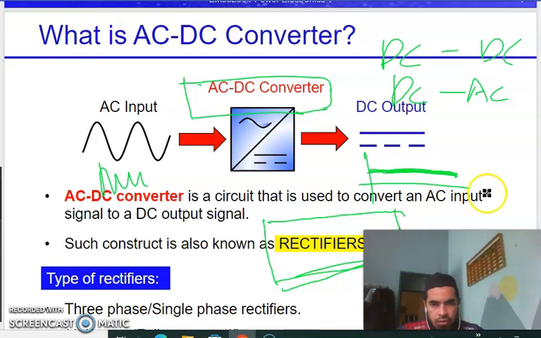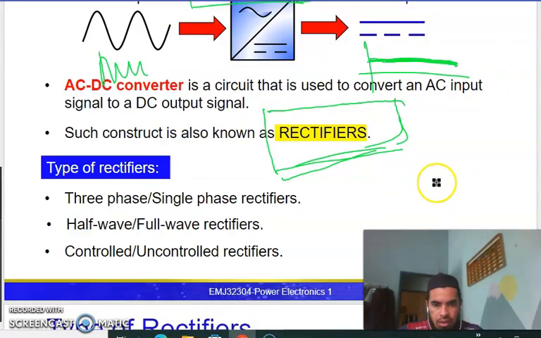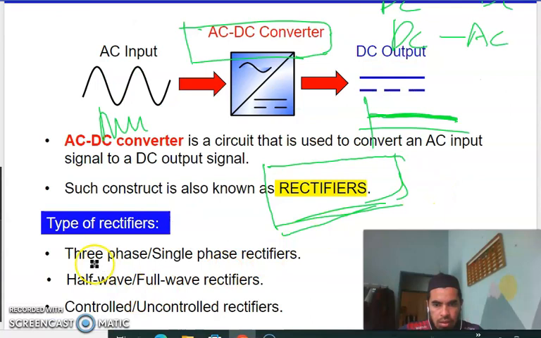So we have a few types of rectifiers in the market. If it is applied to a single phase system, it is called a single phase rectifier. But when we are dealing with three phase, we call it a three phase rectifier. Single phase means that we have one AC source rectified into a load.